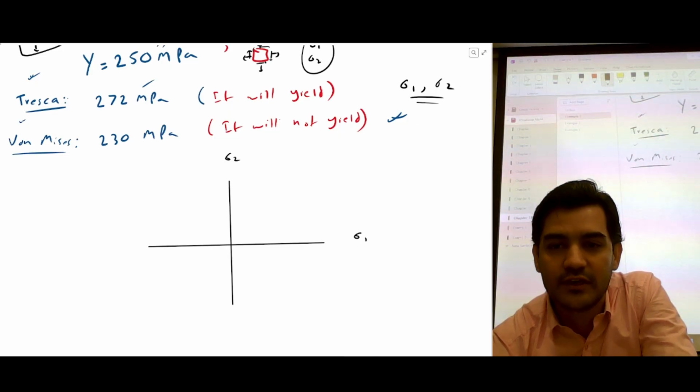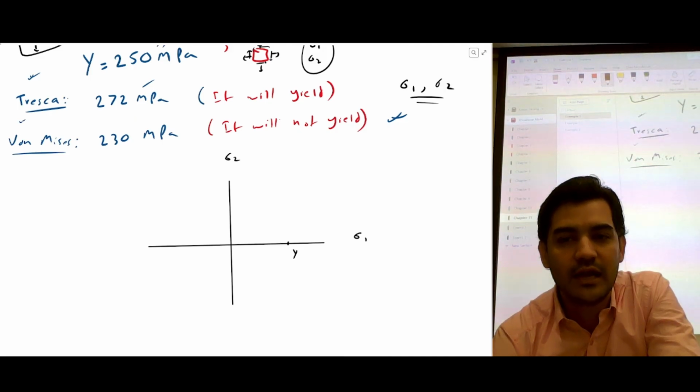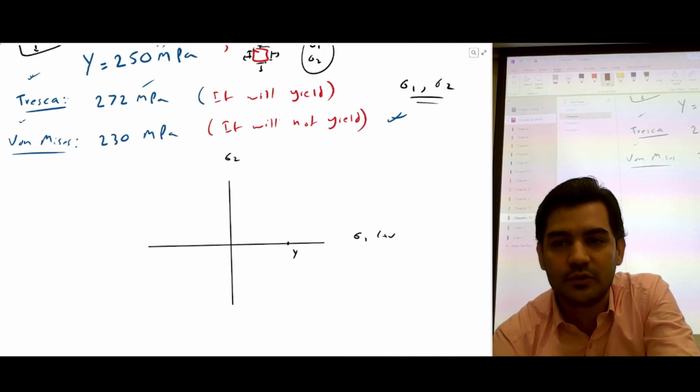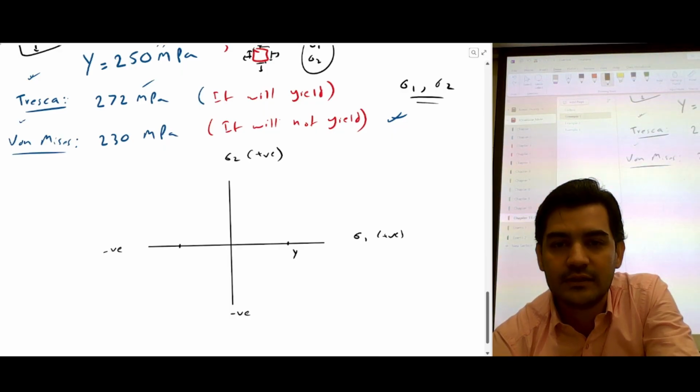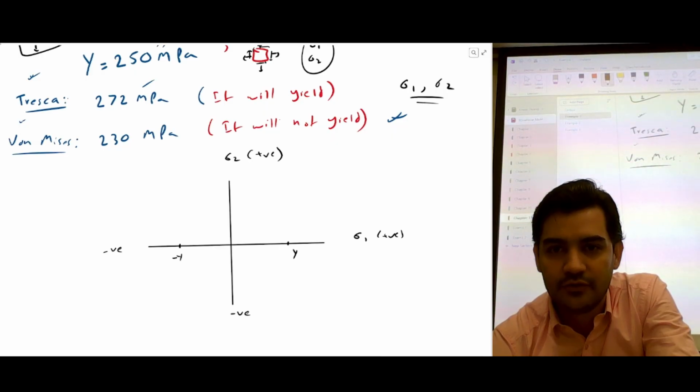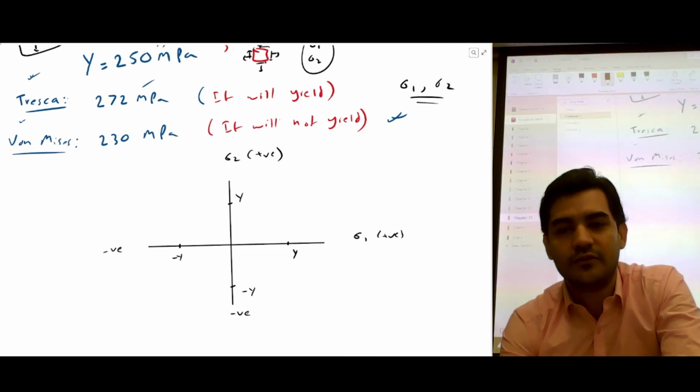For example, we know if stress 1 goes to the yield point, we're going to have failure. So this is positive, this is positive, this should be negative, this should be negative. If you reach negative yield, you'll observe failure. If you reach yield of stress 2, you'll see failure. If you reach negative yield, you will have failure.